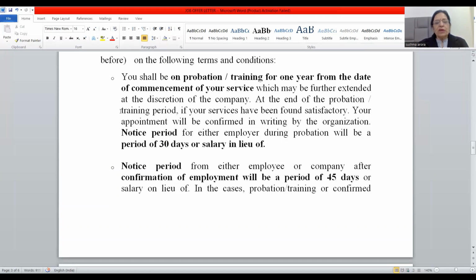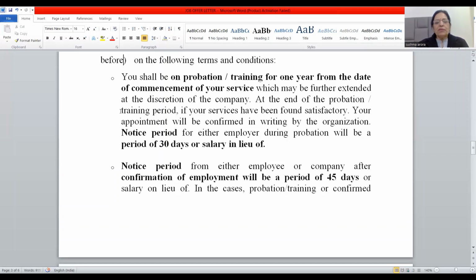And if he doesn't want to give the 30 days notice, then he will have to forego his salary for 30 days. Because very clearly it is written, notice period during probation will be a period of 30 days or salary in lieu of. Either 30 days notice or salary, he will have to forego, surrender.